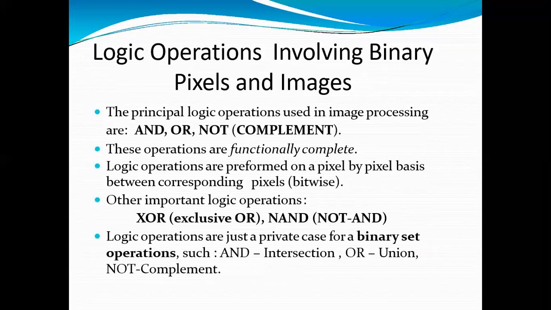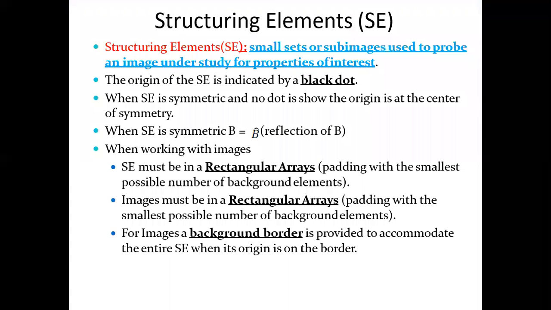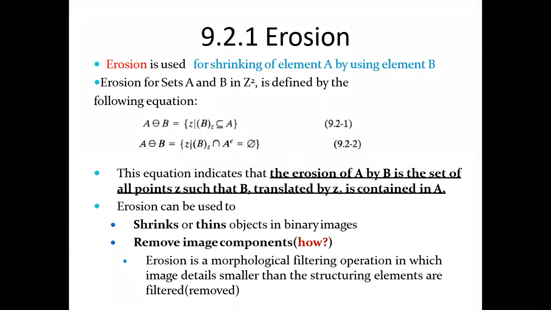Already we discussed the logic operations and structuring elements. Now we define erosion, which is used for shrinking an element A by using element B. Erosion of set A by set B in Z squared is defined by the following equation.